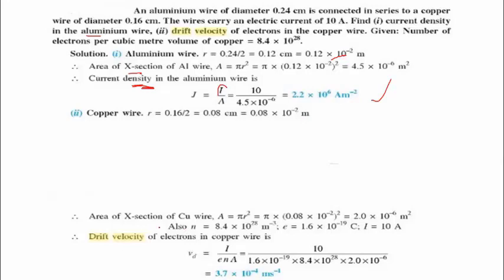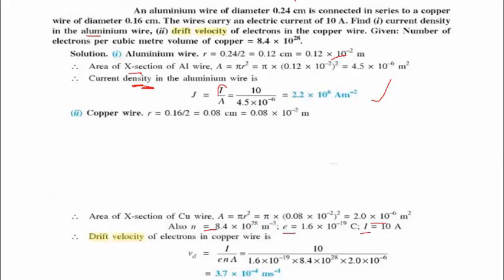The cross-sectional area of the copper wire is given by pi r squared, pi times the radius squared. You get our cross-sectional area there. And we are also given n, the number of electrons per unit volume, as 8.4 times 10 power 28 per cubic meter, and the electronic charge is there.